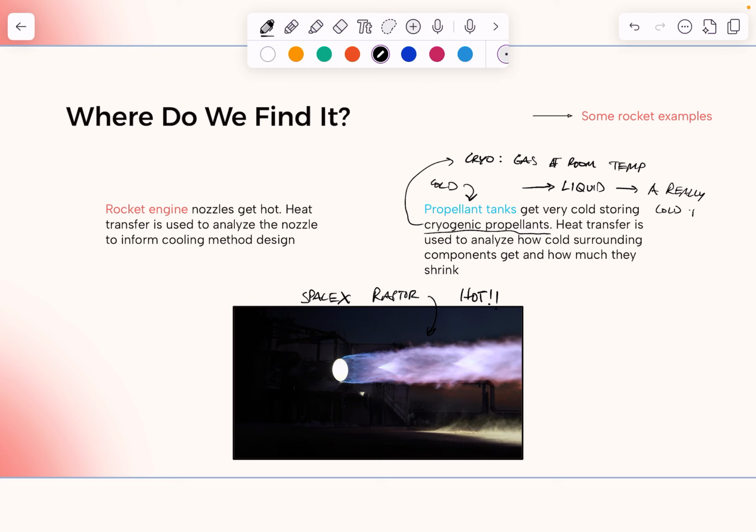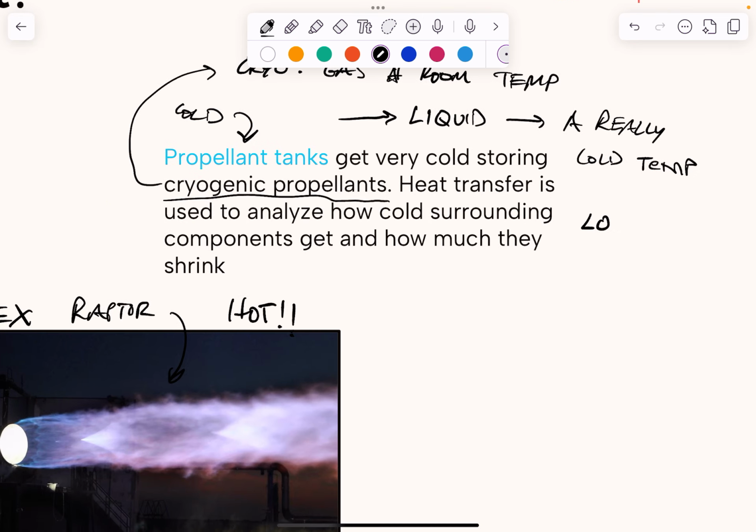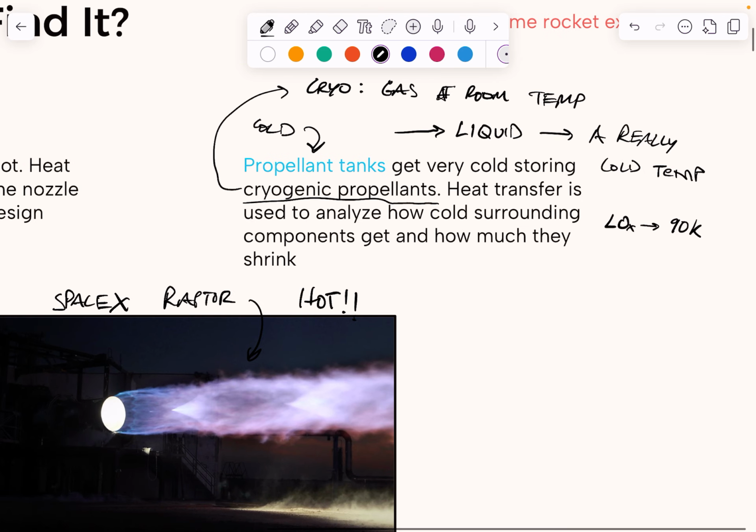For reference, liquid oxygen, LOX, is around 90 Kelvin, and on PSP's rocket that's at about 335 psi.